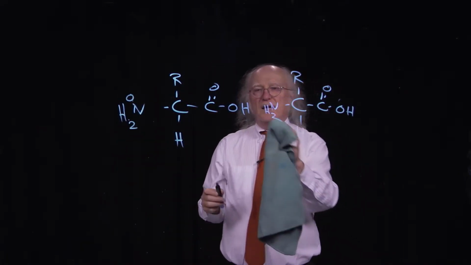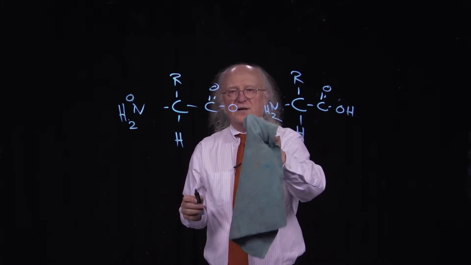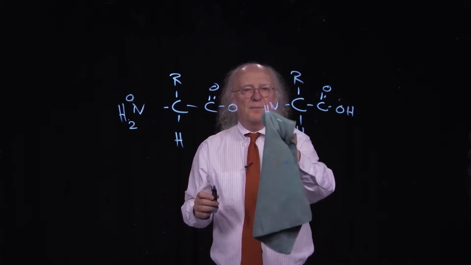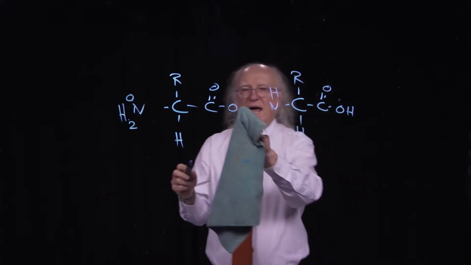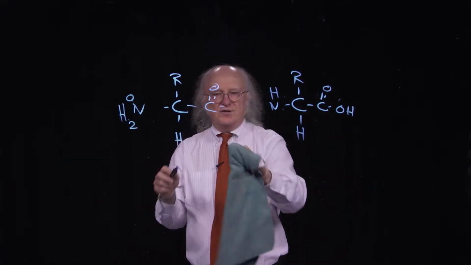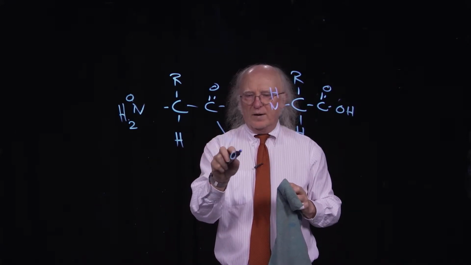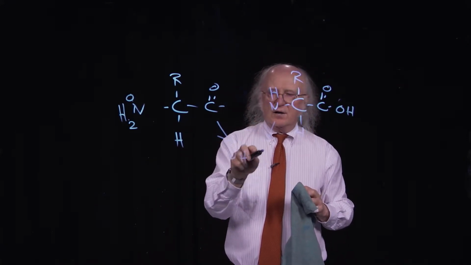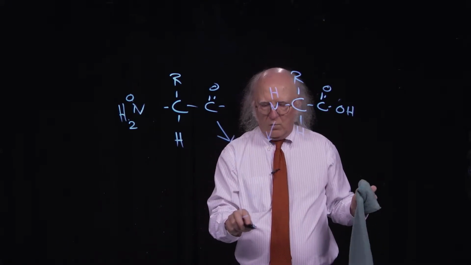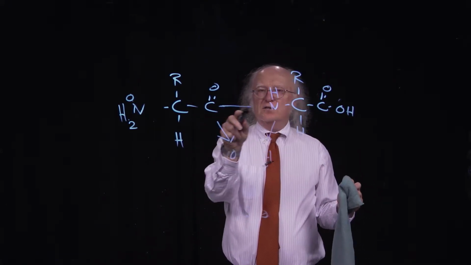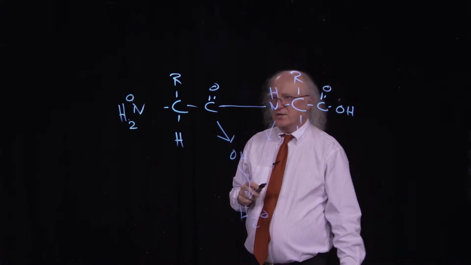What I'm going to do then is I'm going to pull the proton off of this guy, and I'm going to pull one of the protons off of this guy, and I'm going to pull the oxygen. Well, so I've lost an OH, and I've lost an H. These two guys go together to make water, and these two guys end up being joined to each other.